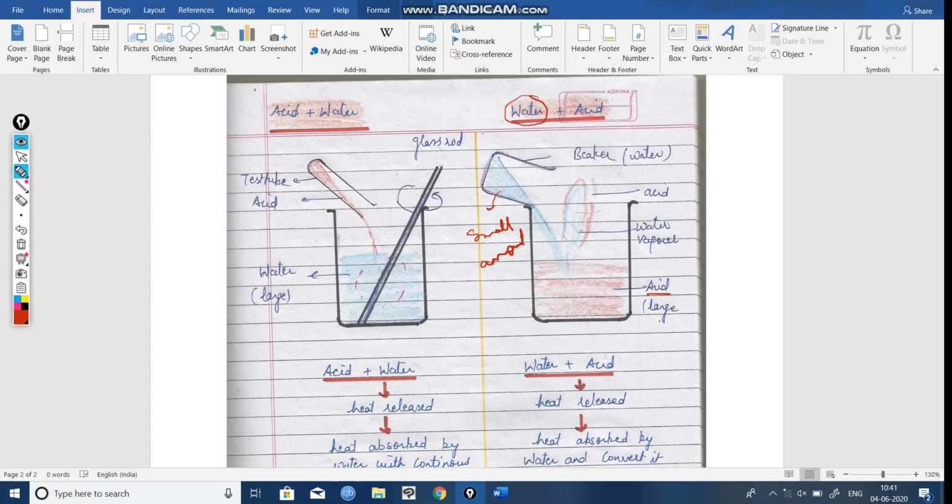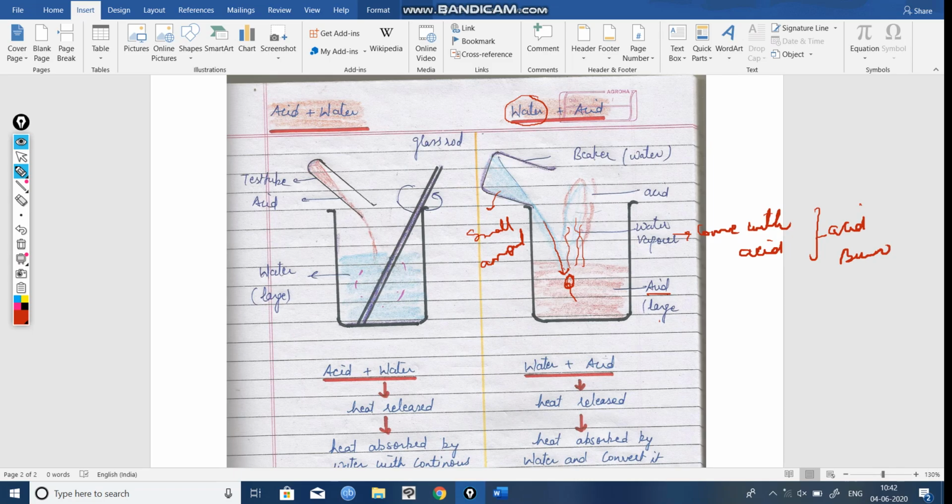Now, during addition, what happens? As soon as water is added to acid, the water comes in contact with the acid. Due to hydration, a high amount of energy is released. This energy is absorbed by the water and converted into water vapors. When water vapors come out with acid, they are responsible for acid burns or other accidents.